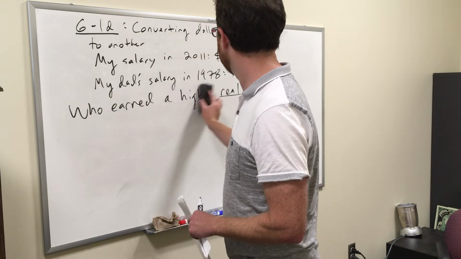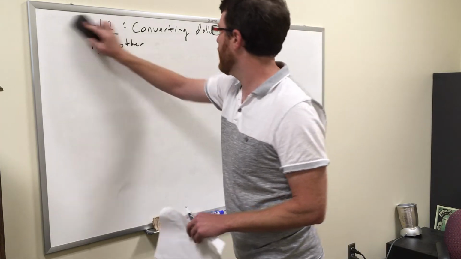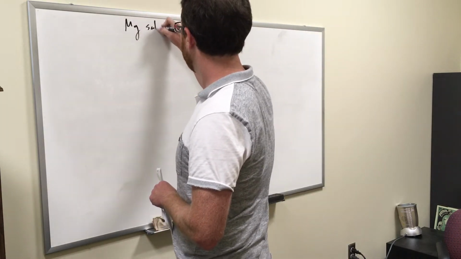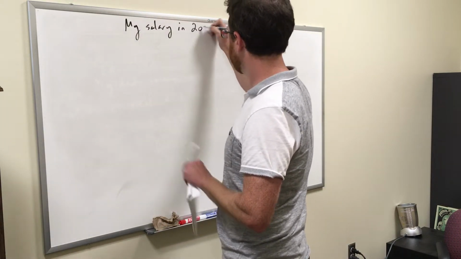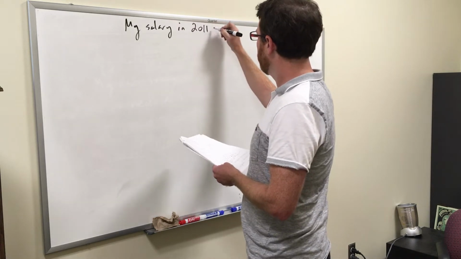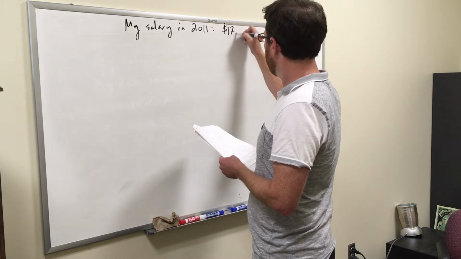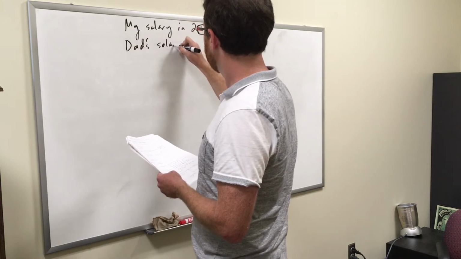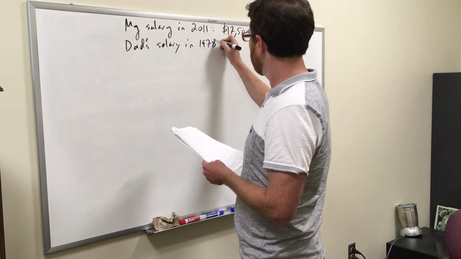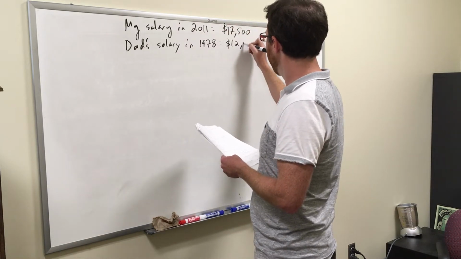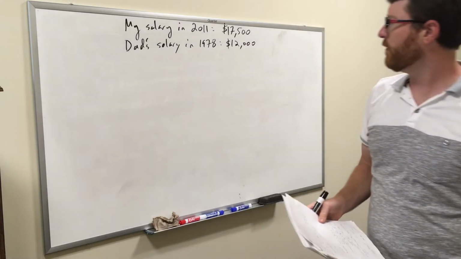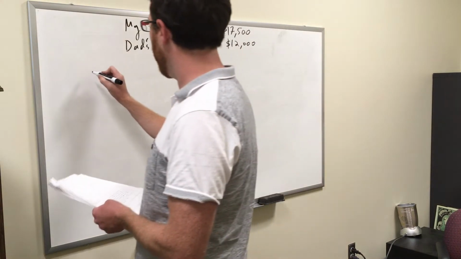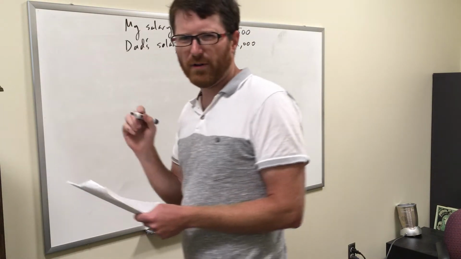Let me just give myself more room. I'm just going to write down the same stuff that I just had up here, just to give myself more room. Okay, so to solve for this, there's a formula we can use, and here's the generic way the formula works.